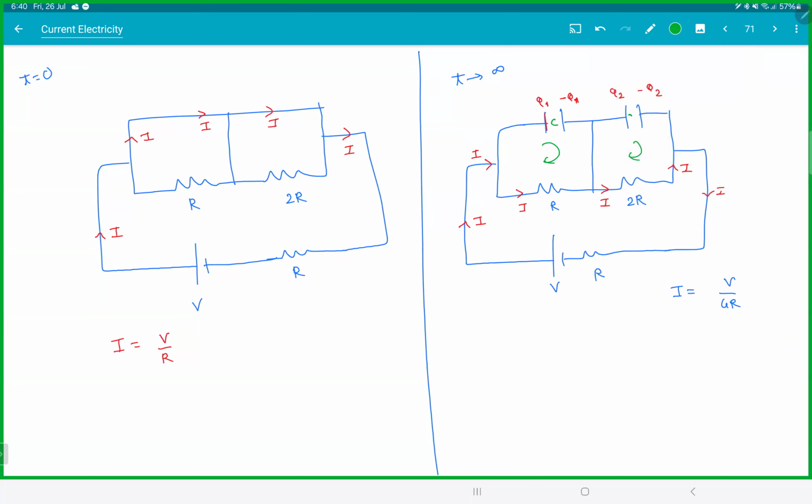So this was C and this was 3C. So Q1 is simply C into the potential difference I into R, which is 4 CV by 4. Similarly, Q2 is 3C into I into 2R, which is V by 2, 3CV by 2. Check.